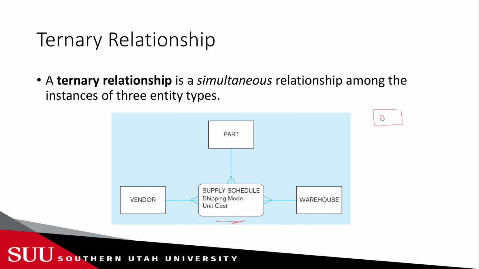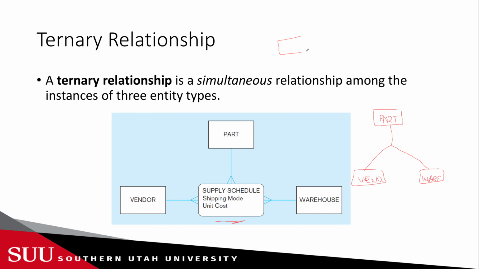So if I say, okay, this is part, and I have my vendor here, and I have my warehouse, then a relationship is going to be like this. This is a ternary relationship.